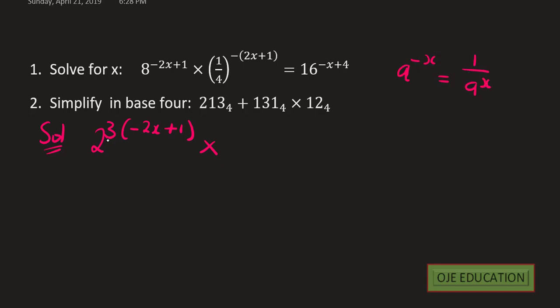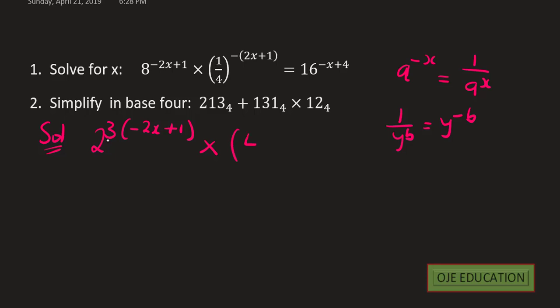So therefore, 1 over y raised to the power of b can be written as y raised to the power of negative b. So if that's the case, this 1 over 4, I can change it to 4 to the power of negative 1, and the negative will multiply this negative here. So let's see how it goes.